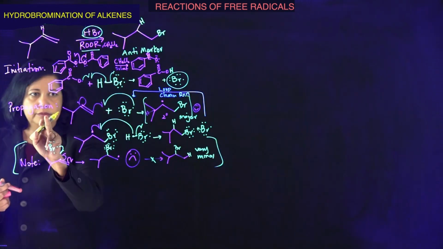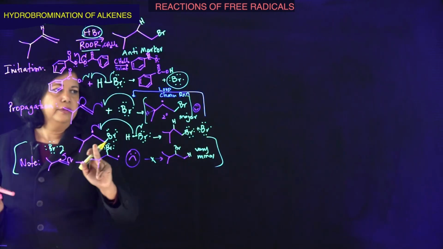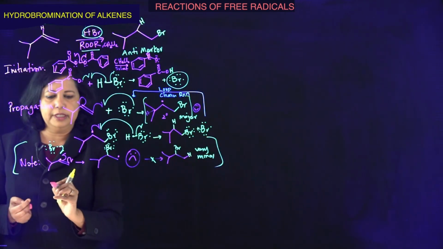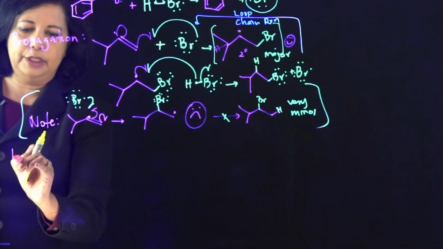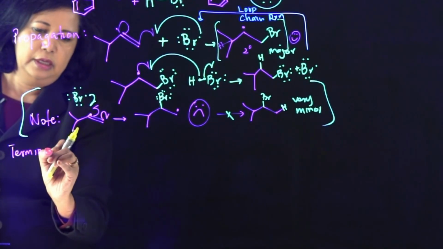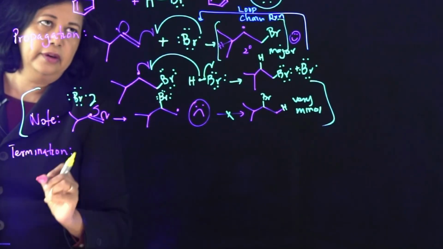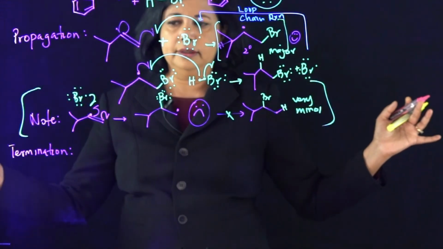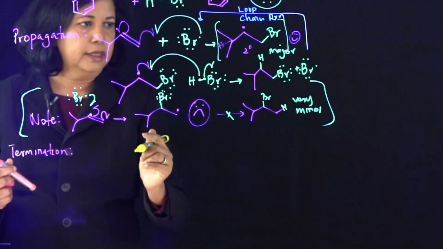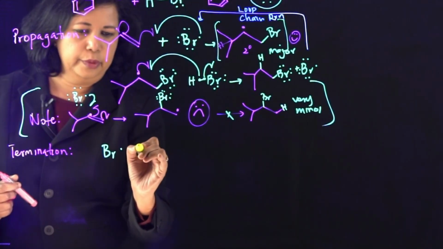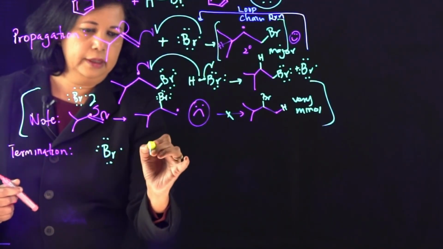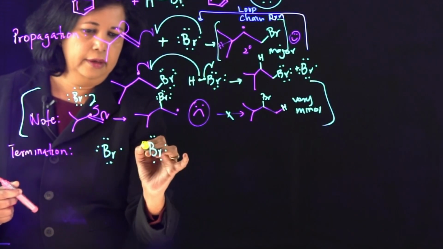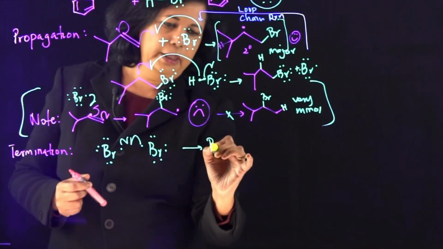So now, once you've done your propagation and you run out of stuff, then it's termination. So you just go bang, bang, and kill all the residual bad radicals hanging around. So bromine radical and bromine radical come together, and they form bromine.